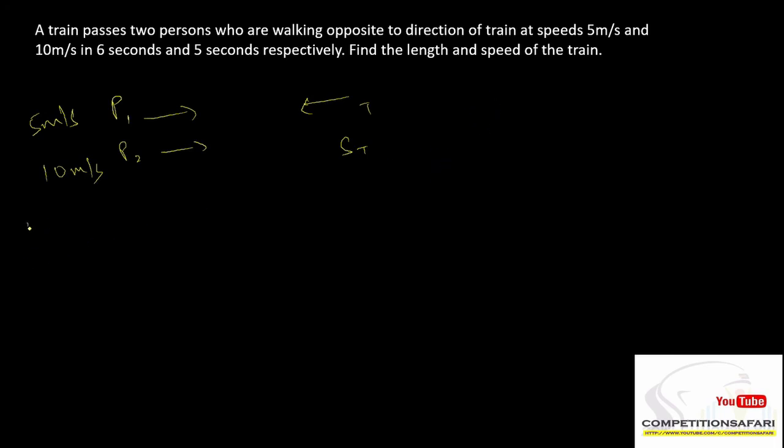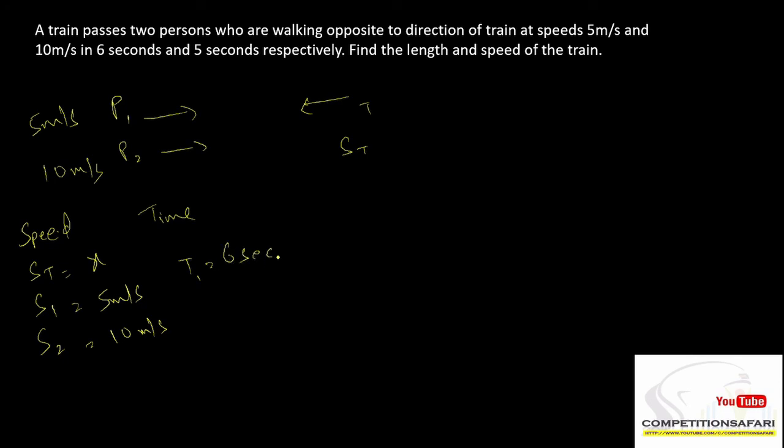The speed of the train is x, speed of person 1 is 5 meters per second, speed of person 2 is 10 meters per second. Now the time we have is t1 is 6 seconds and t2 is 5 seconds.